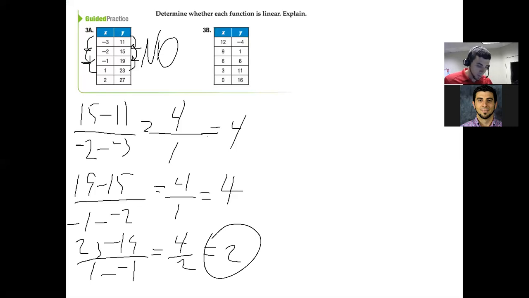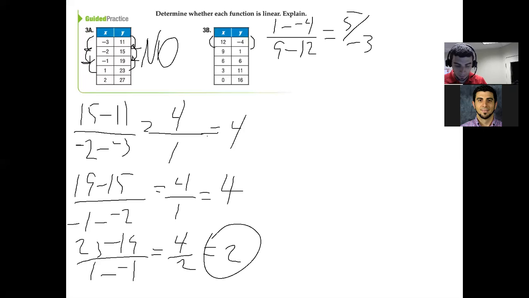So if we do the next one, here, you would do 1 minus negative 4 over 9 minus 12. So you get 5 over negative 3. And I will tell you, if you keep going down, I'm not going to go through all of them, but if you keep going down, you keep getting 5 over negative 3, 5 over negative 3, 5 over negative 3.